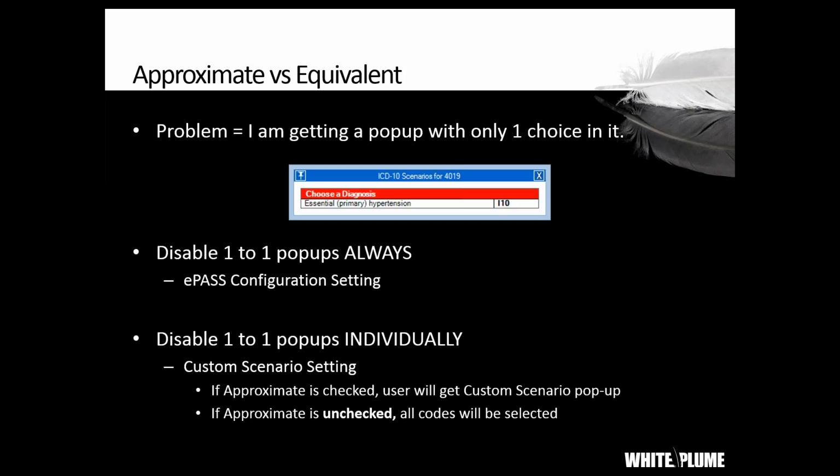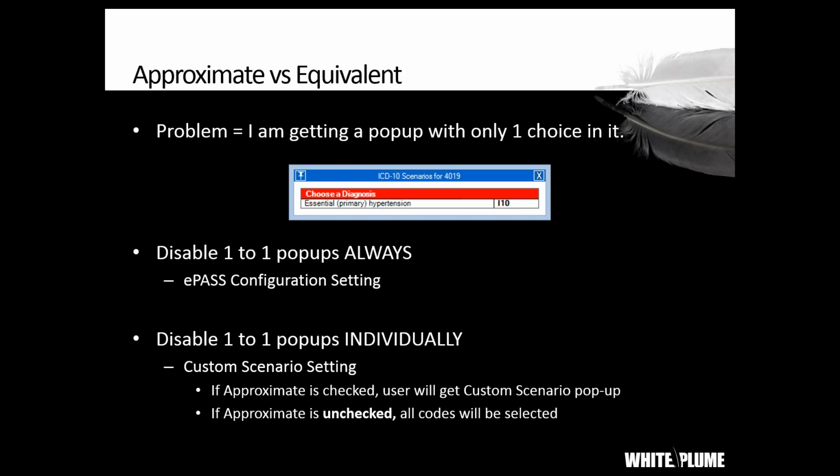If you have that approximation box checked, the user will get the pop-up with the one choice. If you do not have it checked, whatever codes are in that custom scenario will be automatically populated. And I want to make that distinction because you can have multiple codes selected automatically as well. I'll show you an example of that also.